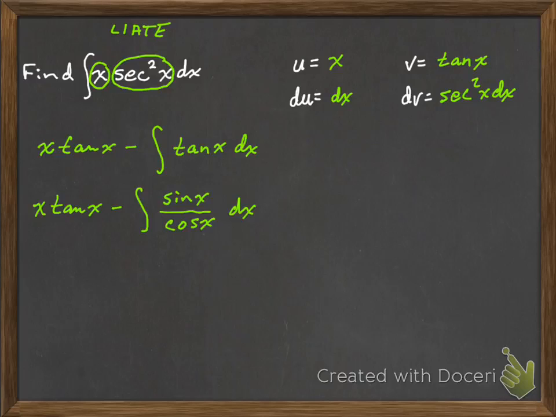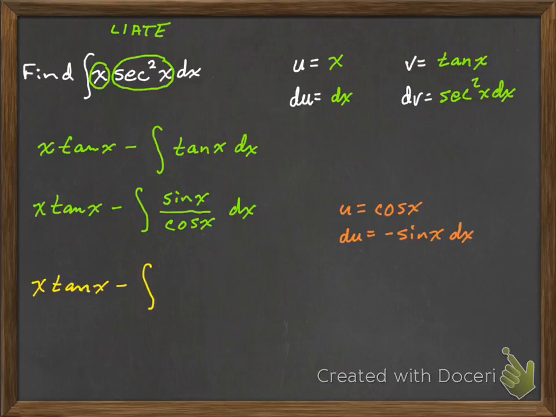Now we can treat this as a u substitution problem. All right, so for u substitution, if I let my u value be cosine of x, that means du is negative sine x dx. All right, so let me rewrite the first part of this here.